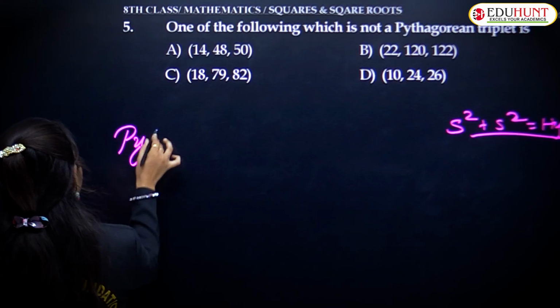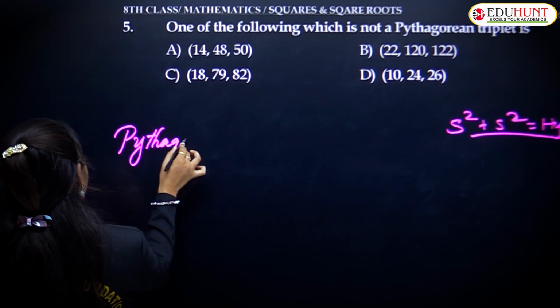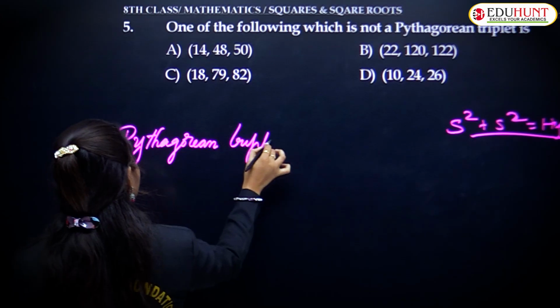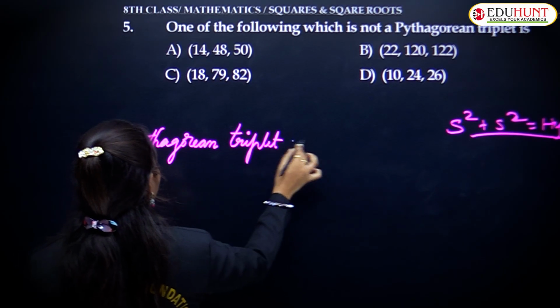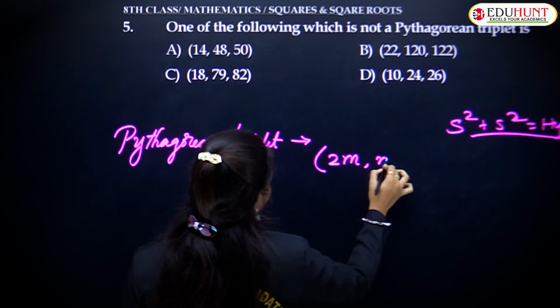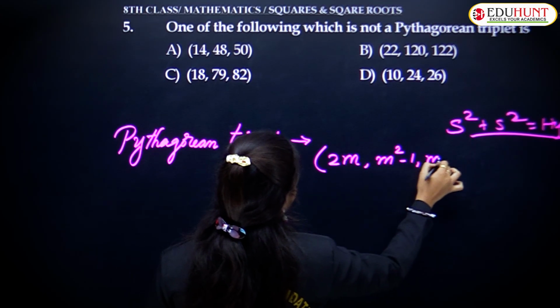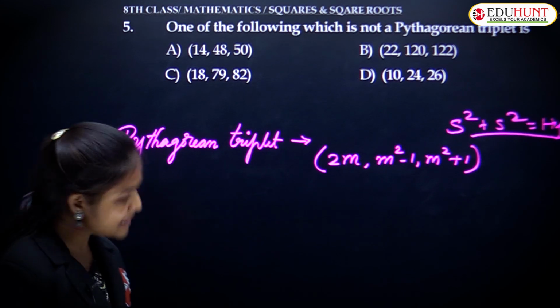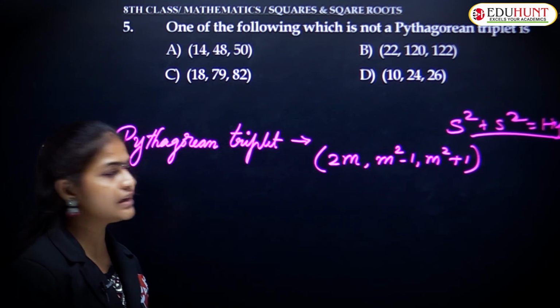A Pythagorean triplet is always in the form of 2m, m square minus 1, m square plus 1. This is the formula. So simply you can use this one, then you will get it.